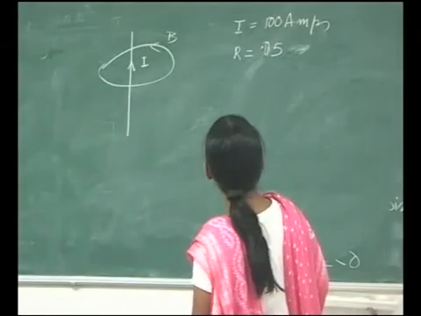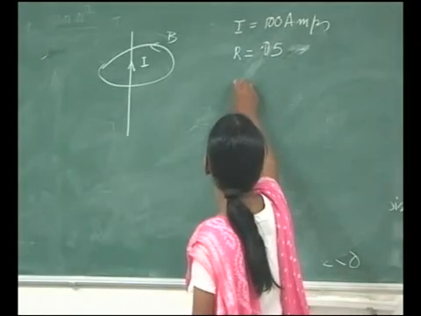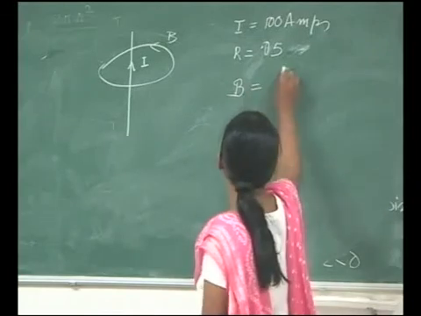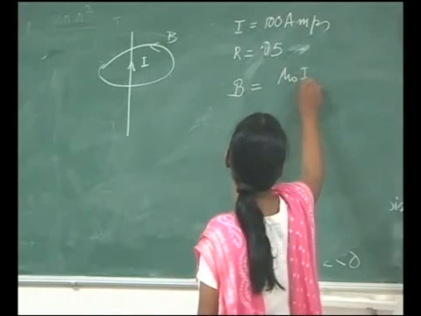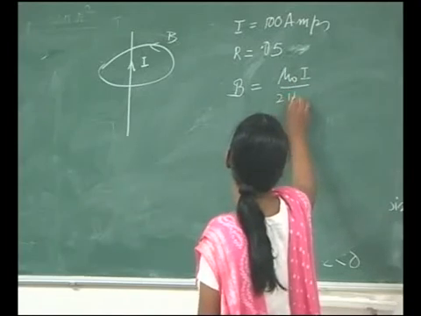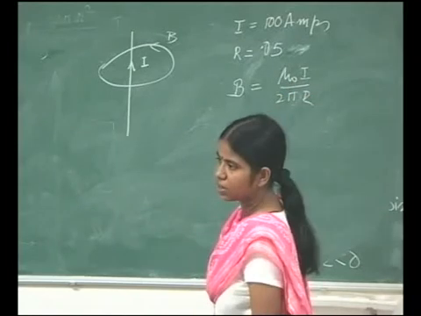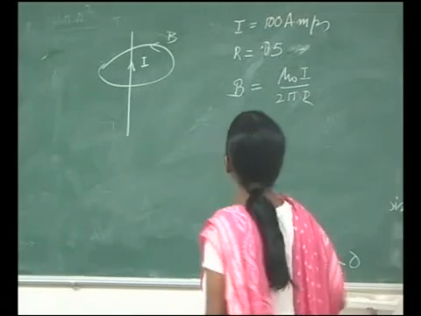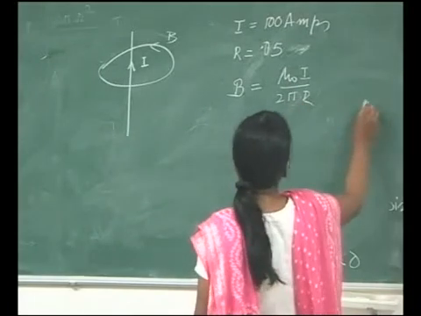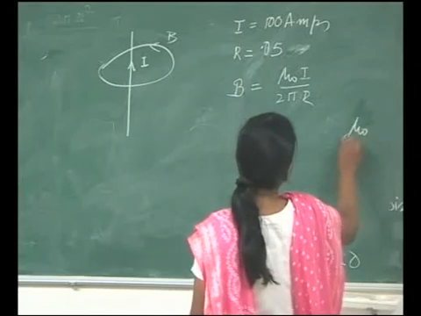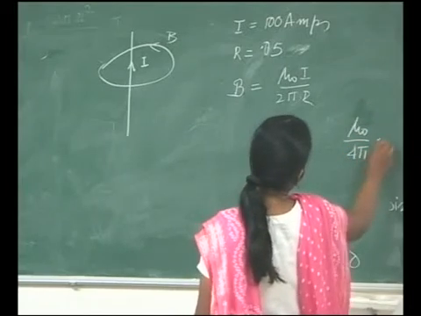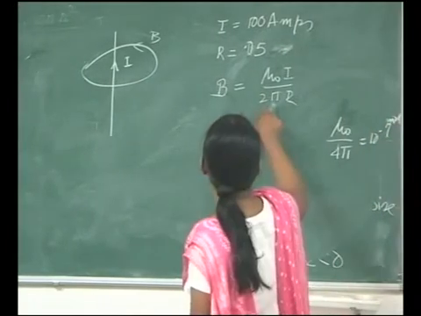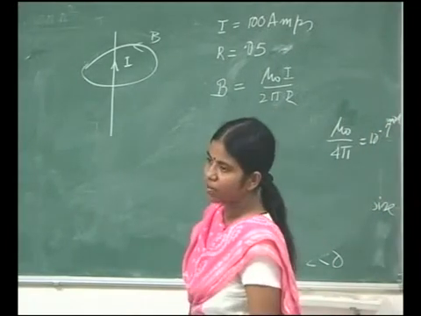Now I have to calculate B. So I know that B is mu 0 I upon 2 pi R, is it not? This is the value, mu 0 I upon 2 pi R. So mu 0 upon 4 pi is 10 to the power minus 7. So mu 0 upon 2 pi would be 2 into 10 to the power minus 7.